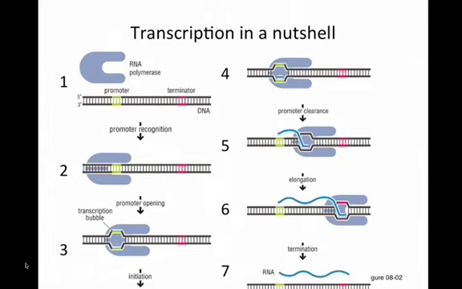Then there's the half-life of a protein. Proteins that need to be used all the time are probably going to have a higher half-life, so be more stable than proteins that need to be used for a very short period of time. So it's a big question with a lot of parts to it.